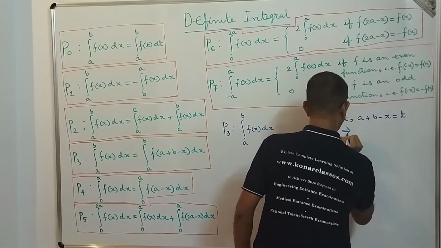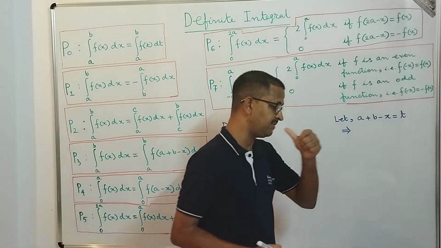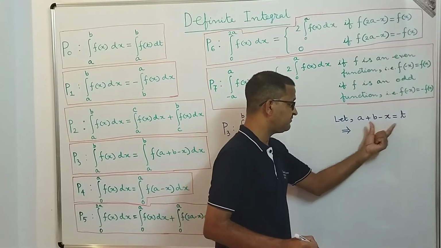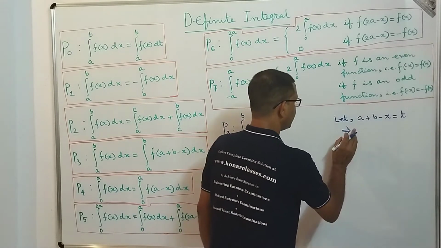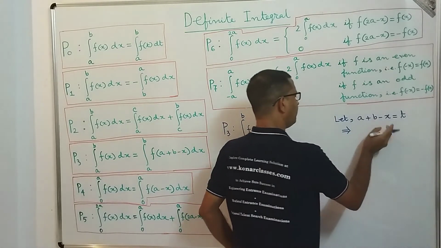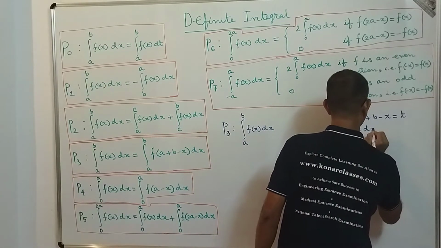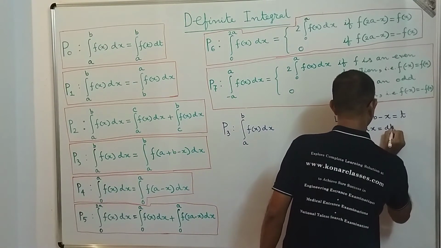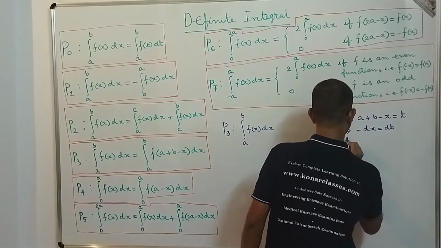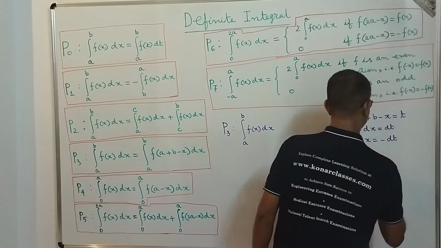Then if we make this substitution, t is a new variable which is equal to a + b - x. Now if we differentiate both sides, what we will get? Differentiation of a is 0, plus differentiation of b is 0, minus dx, that is differentiation of minus x. So minus dx is equal to dt, or we can say that dx is equal to minus dt.